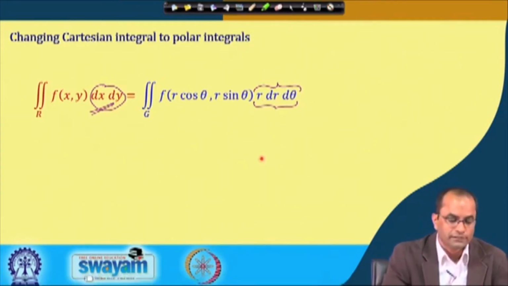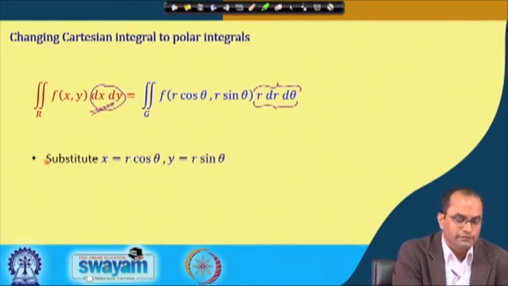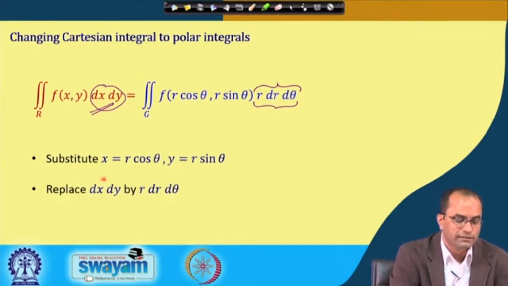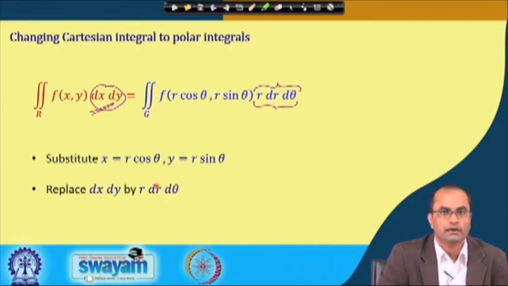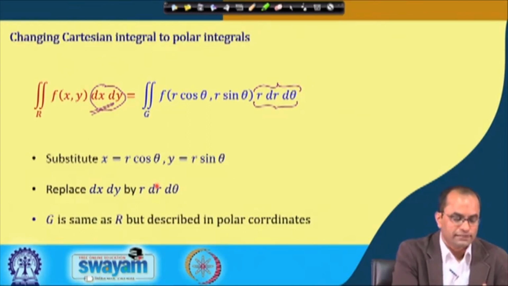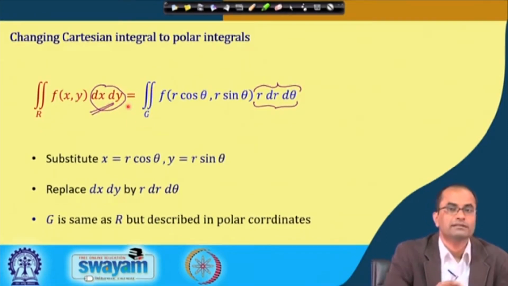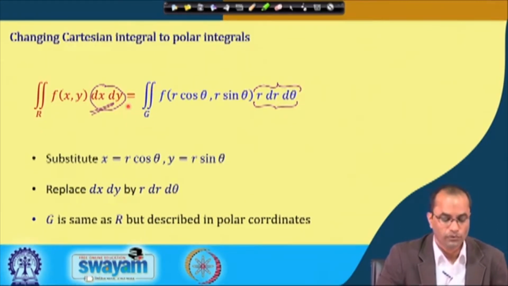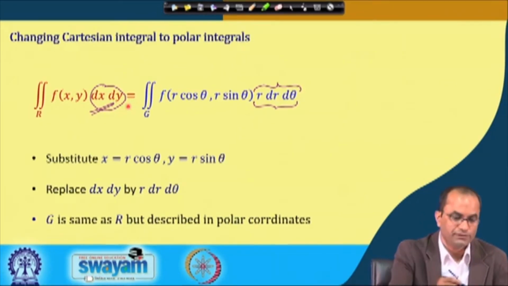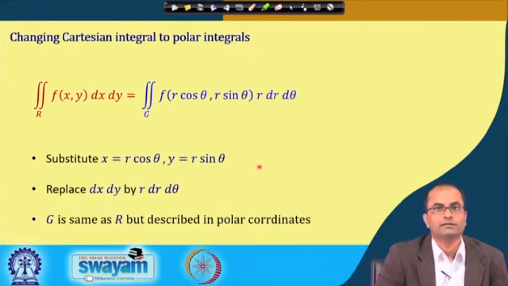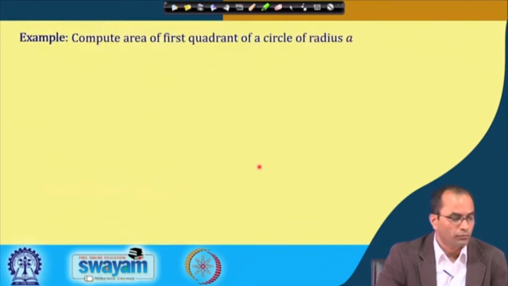So the steps are: substitute x equals r cos theta, y equals r sin theta in the integral, and replace dx dy by r dr d theta. This region R is naturally the same region, but now it is described in terms of polar coordinates. We will now see with the help of examples how to evaluate integrals in polar form.